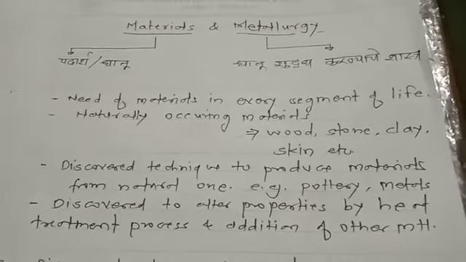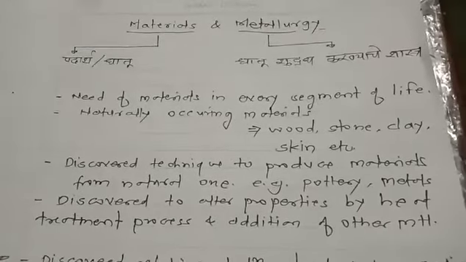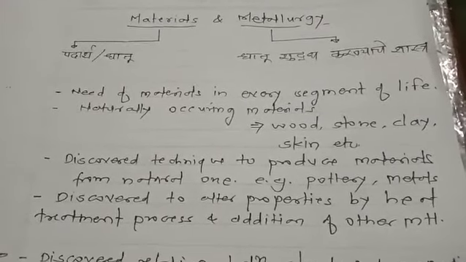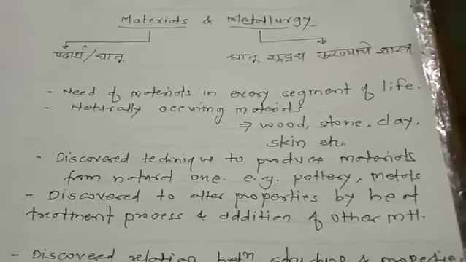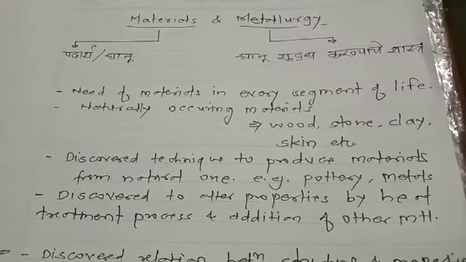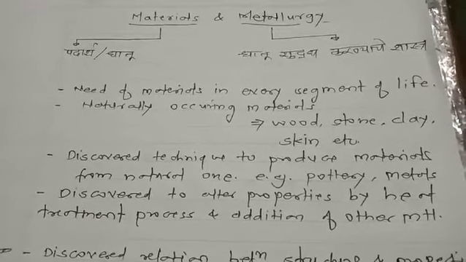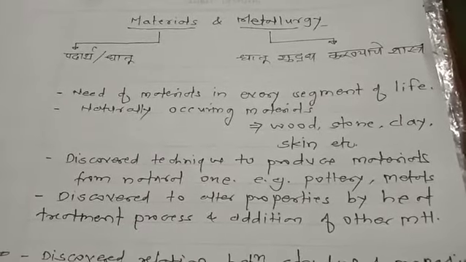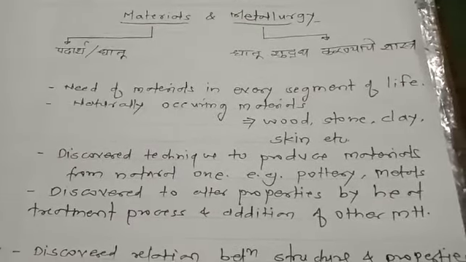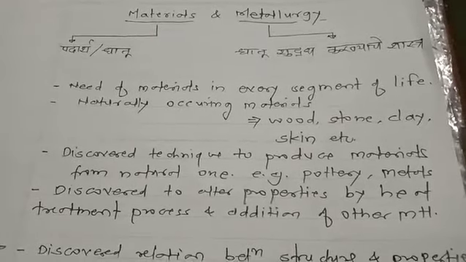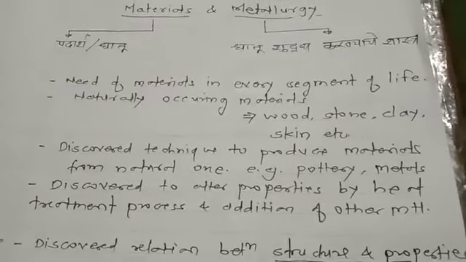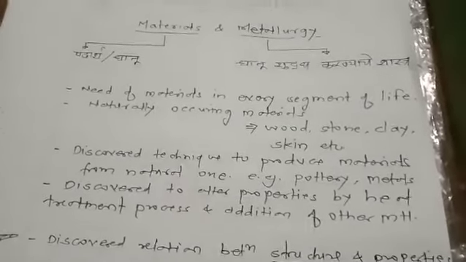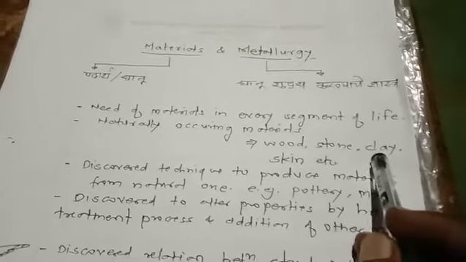Okay, so we'll move forward. The first sentence written is: need of materials in every segment of life. This is right. For every segment of life we need materials of different types. For day-to-day or normal life we may require naturally occurring materials like wood, maybe stone, or clay.